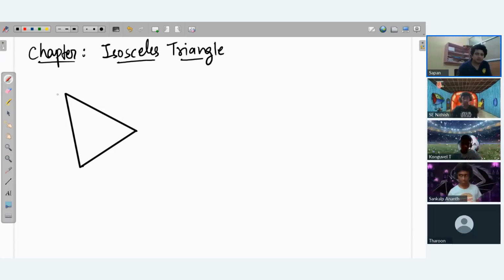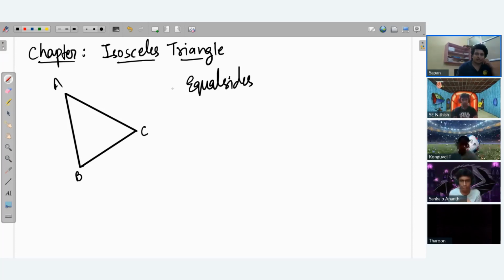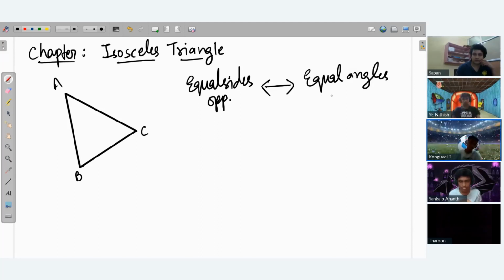There are two things involved in an isosceles triangle: sides and angles. What I want you to know is that the information of equal sides is equivalent to equal opposite angles.